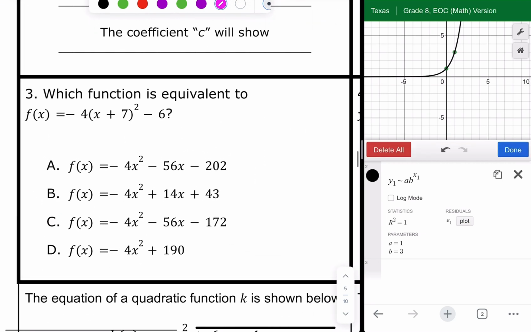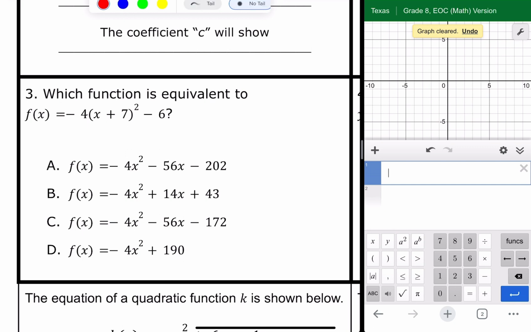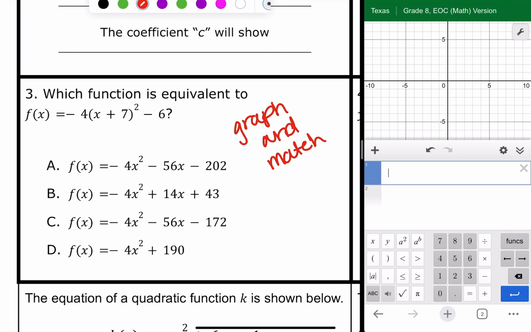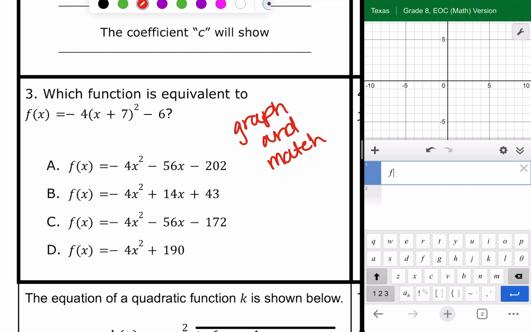The next one is a graph and match. It says which function is equivalent to f of x equals -4 parentheses x plus 7 squared minus 6. This is your straightforward question. Graph and match.